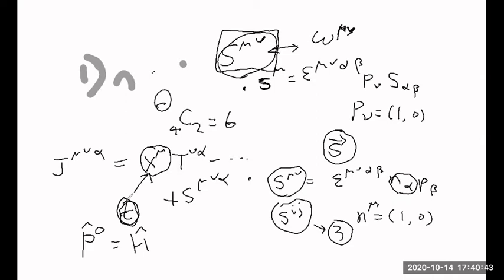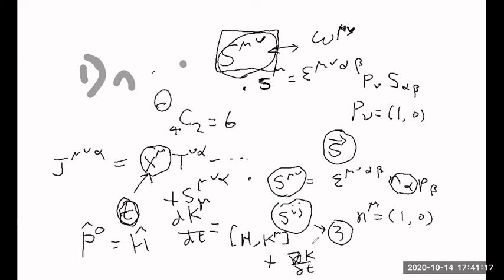If you write dK over dt, okay? If you write this equation, then this is equal to one part, the commutator of H and K, plus the derivative of K with respect to its explicit time dependence, right?